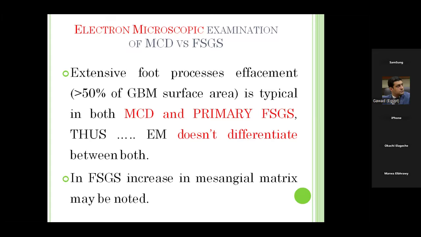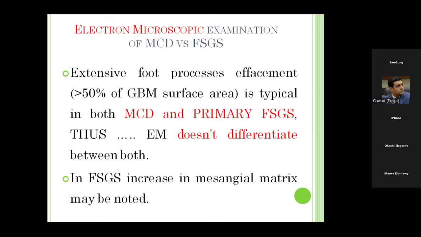What I mean, in other words, is that if we have no change under light microscope, some of our colleagues think that if we proceed to electron microscope, we can exclude primary focal segmental glomerulosclerosis. No, electron microscope in minimal change disease and primary focal segmental glomerulosclerosis will show us diffuse effacement in both cases.